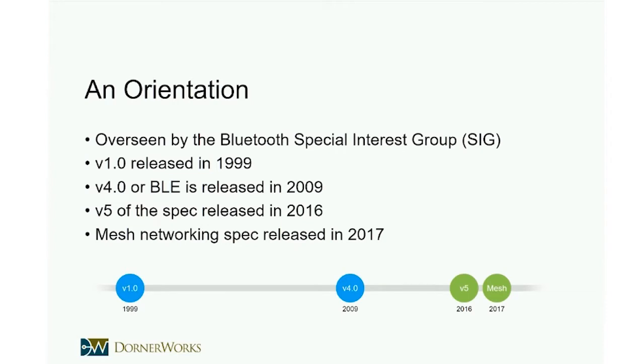The biggest change between version 1.0 and 4.0, if we're talking about just core Bluetooth, is that version 4.0 was the release of Bluetooth Low Energy. It was a change in the way we do things for connectable devices.